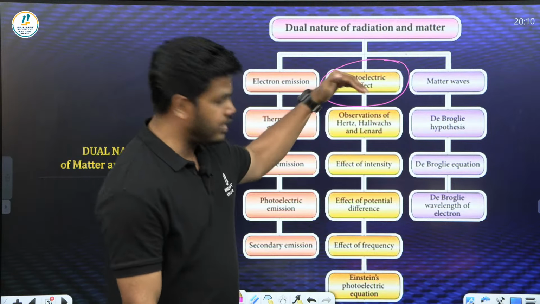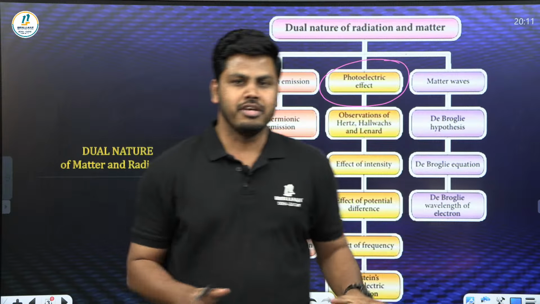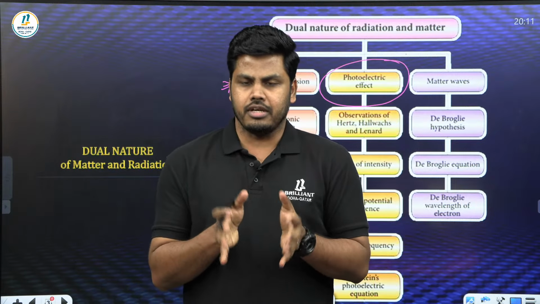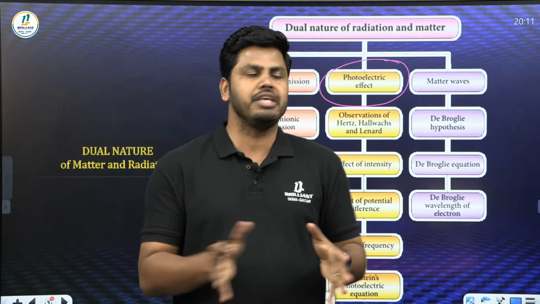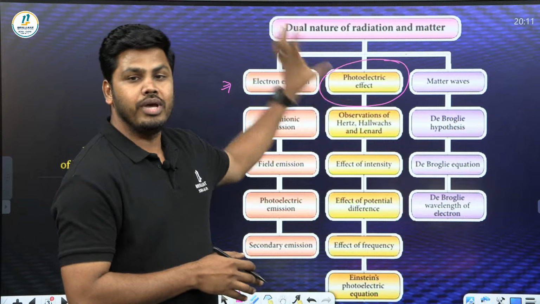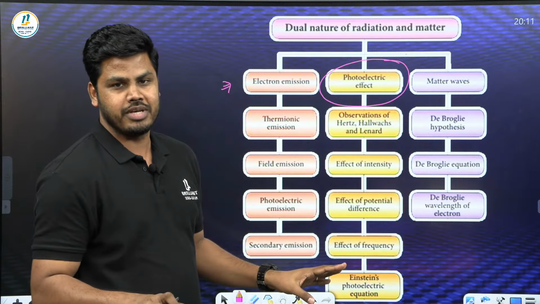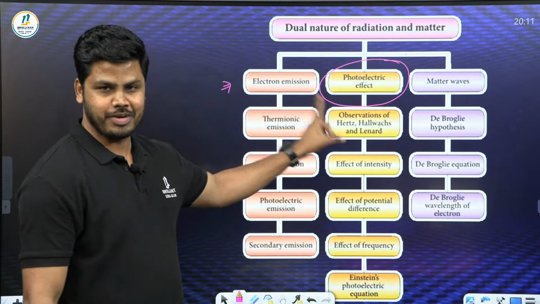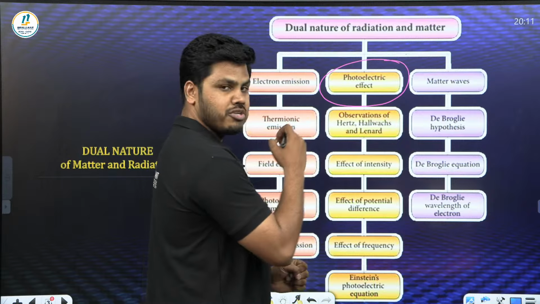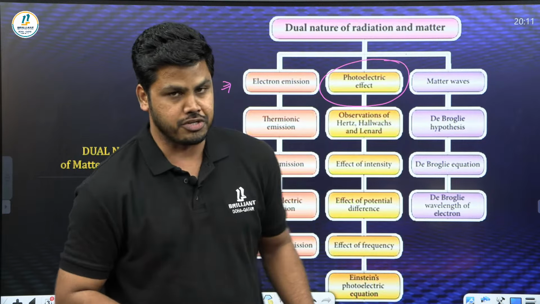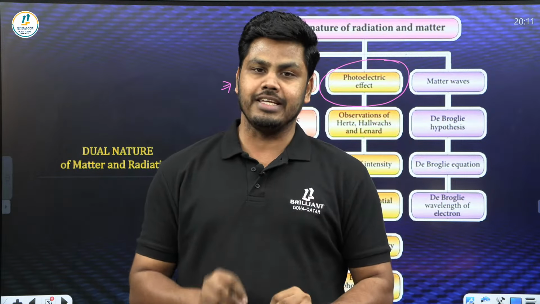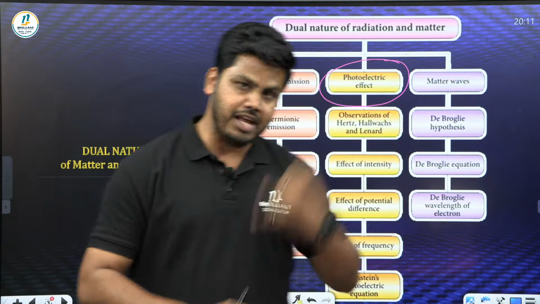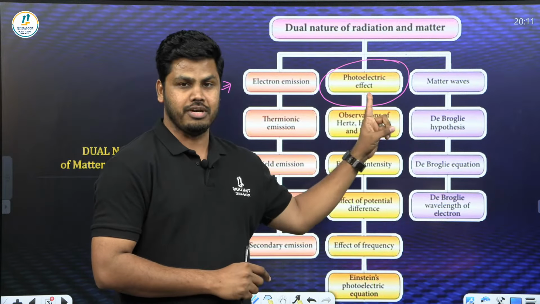In the photoelectric effect, we discussed a lot of things, and a comprehensive study of that topic will help you to solve most of the questions we get from this chapter, both conceptually and numerically. When you go through the past papers, you can see we get conceptual questions and numericals from the photoelectric effect repeatedly.